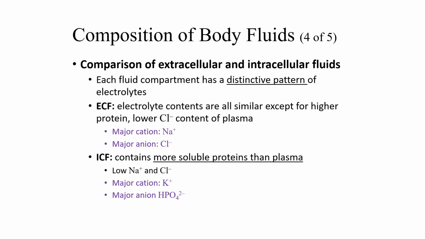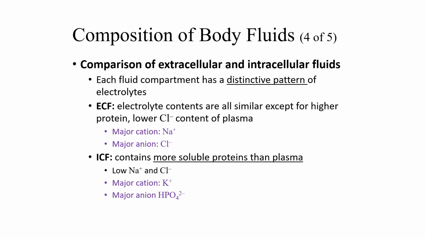You need to kind of draw a line, and let's talk about the composition of body fluids. Remember that there are three compartments of body fluids: the plasma, the interstitial fluid, and the intracellular fluid.